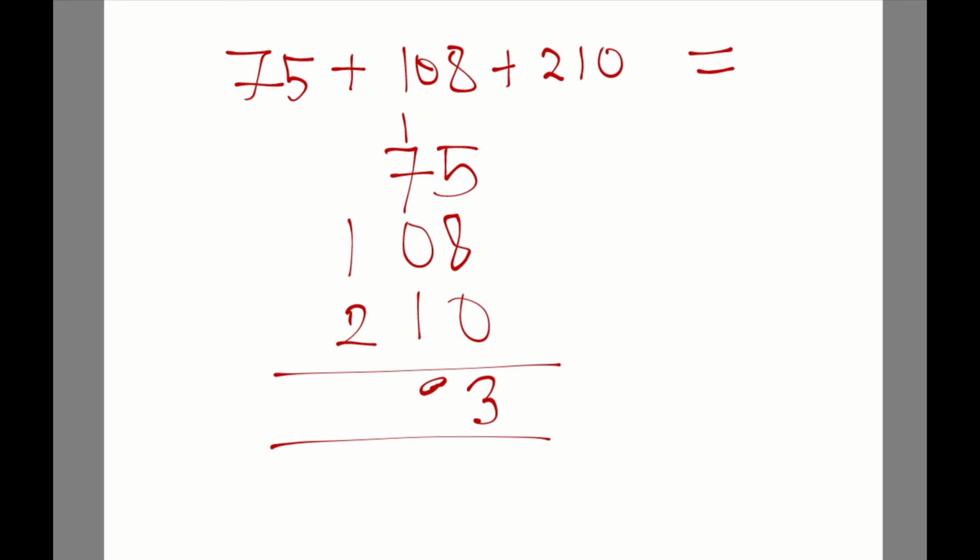So we write out 9. 1 plus 2 gives us 3. We write out 3. So 75 plus 108 plus 210 gives us 393.